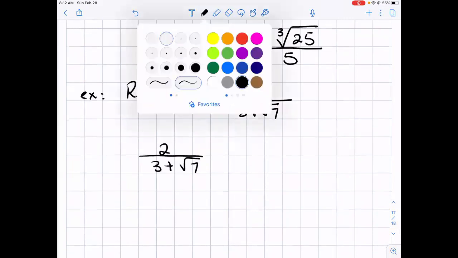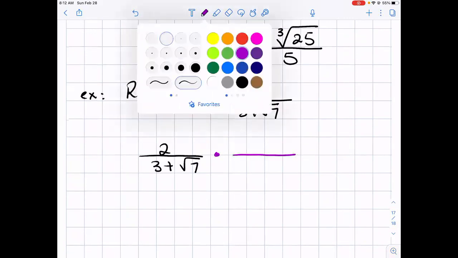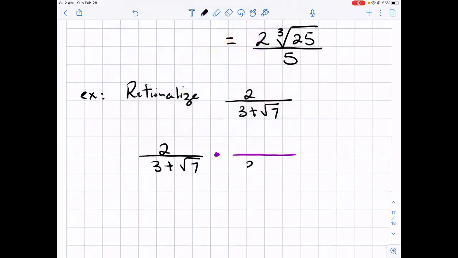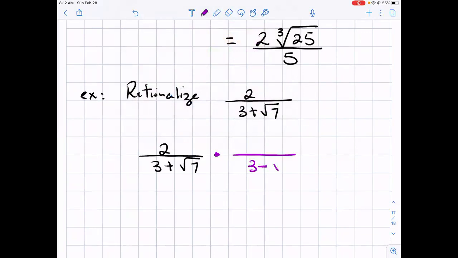The conjugate is the same, but the sign is different. So 3 minus root 7.